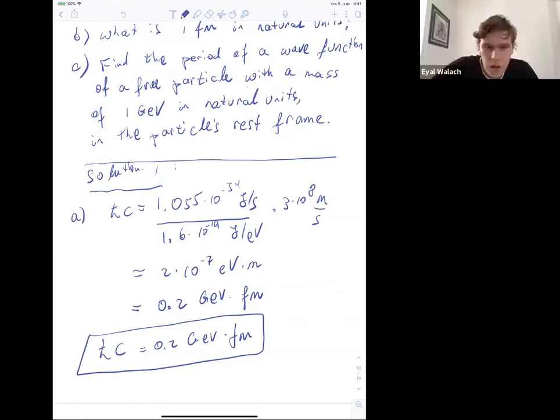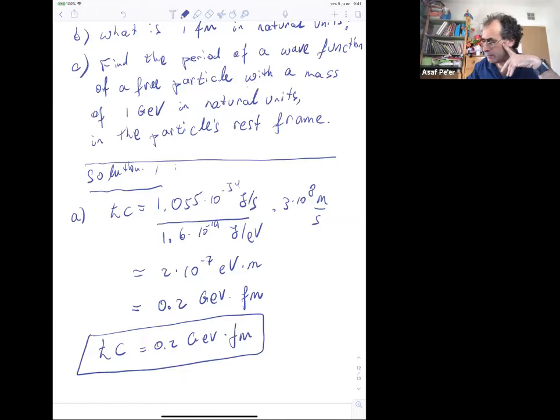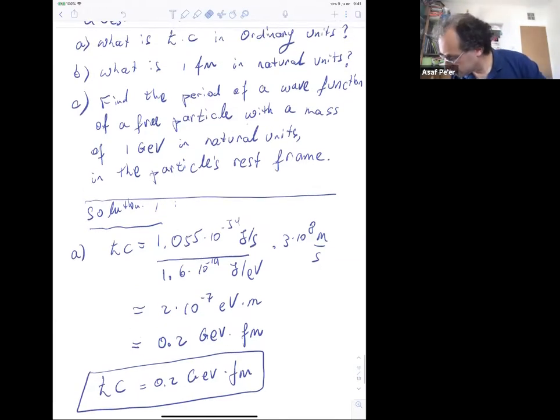Note you wrote H bar as joules per second instead of joules times seconds. That's because I made a mistake. Actually, I wrote it properly in my notes, so the mistake happened now. Of course, the seconds cancel out.